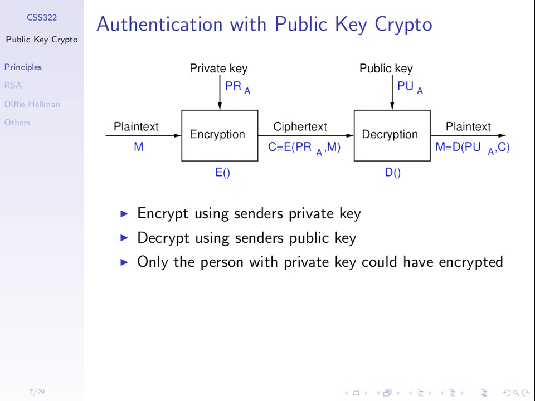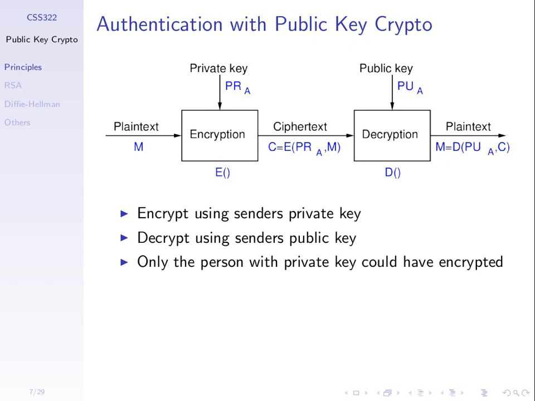Similarly, it can be seen if you try to modify the message along the way. If you intercept the ciphertext and try and change the message somehow, then you need the private key of A to send the encrypted form back to B, and since you don't have the private key of A, you cannot modify the message either.